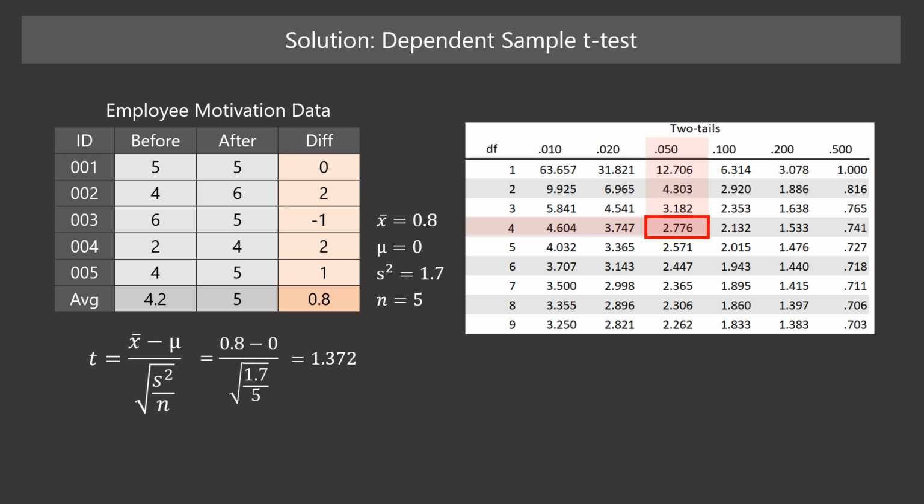The t-value at the intersection is 2.776. Its absolute value is larger than that of the t-value computed from the data, 1.372. So, we cannot reject a null hypothesis. We should conclude that the intervention did not have a significant effect on employees' motivation level.